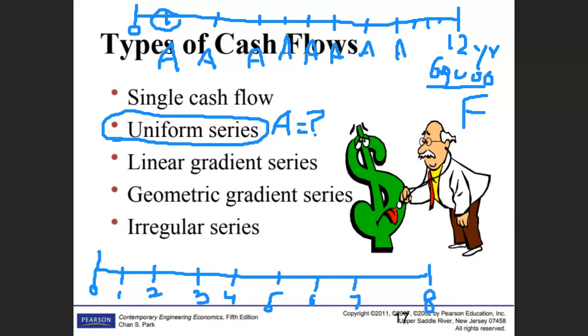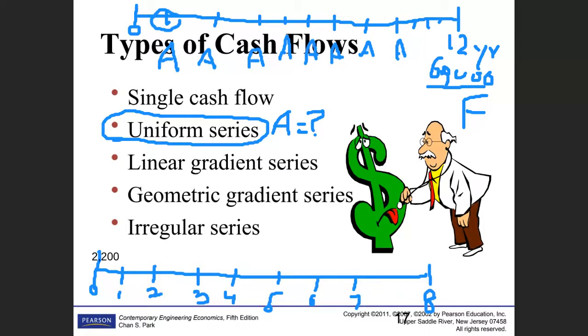Let's say this is our time. It says that if 2,200 is invested now, meaning if you invest 2,200 now, then it says 2,800 3 years from now, so you deposit another amount in the third year, not in year one.